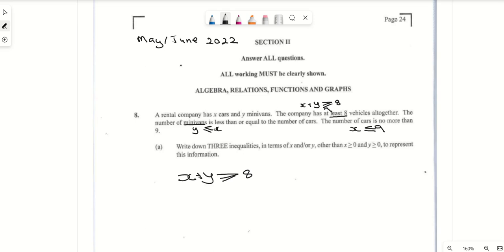Then they said the number of minivans is less than or equal to the number of cars, so we just put in that Y is less than or equal to X. And then we have the third one, which is the number of cars is no more than 9. So for the maximum amount of cars, they have 9, so X is less than or equal to 9.